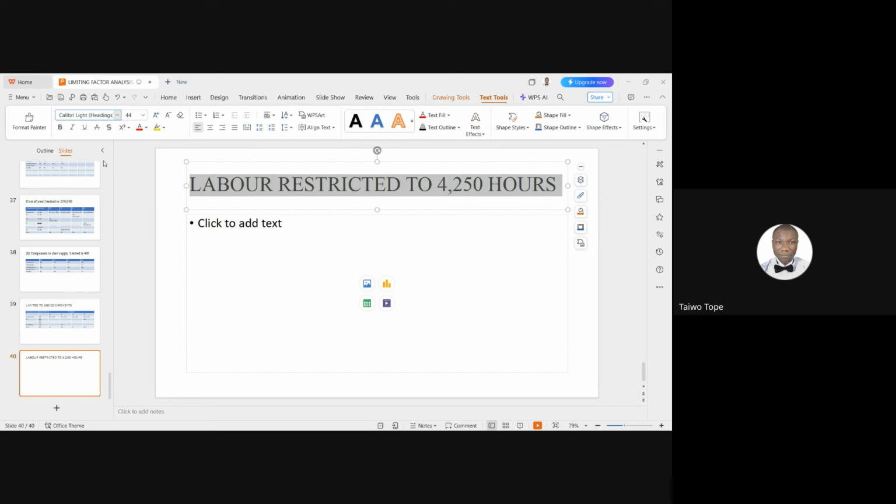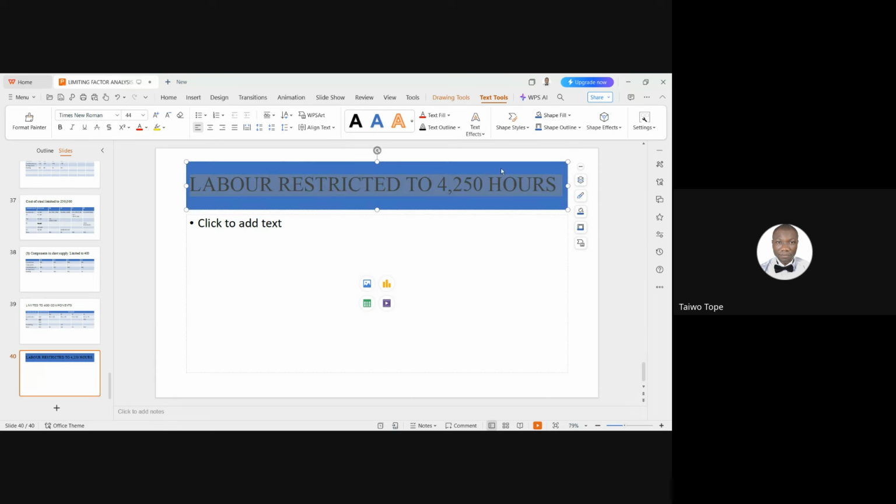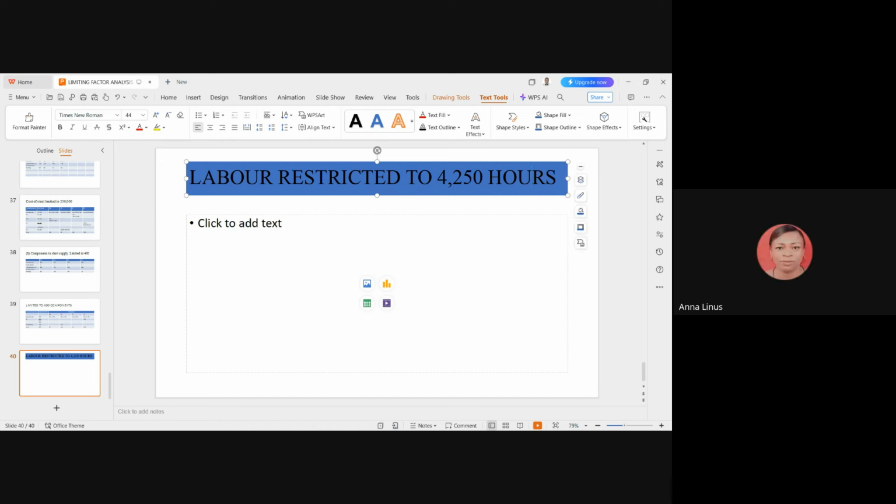So please, every question on limiting factor, I've checked the Pathfinder over and over again. They are not something that is difficult. When you read it first and it seems it's not clear, in case you are feeling hungry, go and eat and come back to it again. One thing with studies, sometimes you cannot study with an empty stomach.